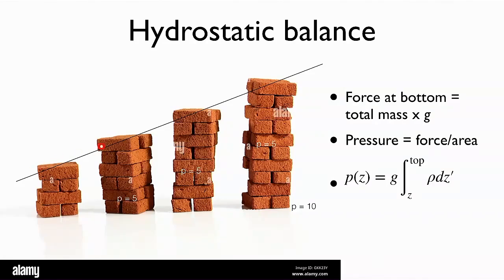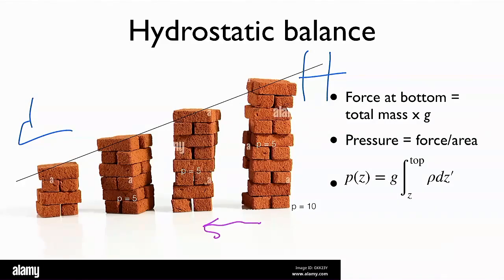So if the fluid has a slope to it, like this, the high pressure locations and the low pressure locations are going to be areas where the fluid is higher or lower, and also where the pressure is higher or lower. And if this were a fluid rather than bricks, we would be seeing a gradient in pressure horizontally, right?